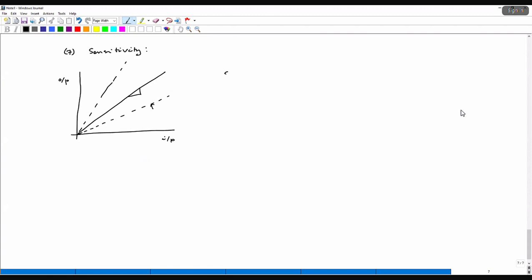So you define sensitivity as the change in the output divided by the change in the input. Okay. And if you want to express in terms of percentage, so let's say this is the maximum sensitivity your data is giving.